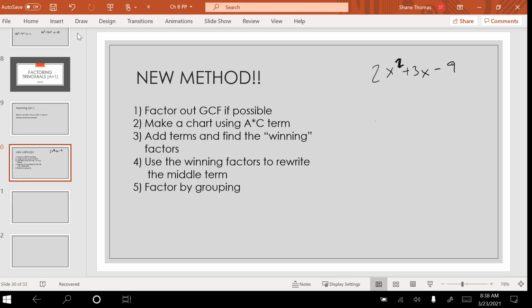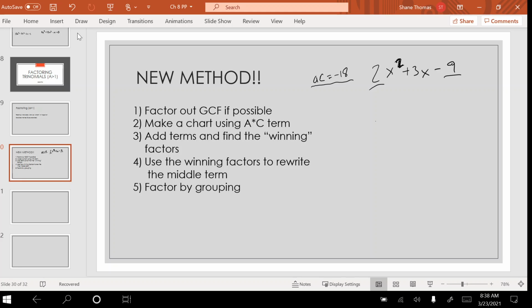All right. So I like to then underline A and C, just so I know which ones I'm working with. Okay. A is 2, C is -9, right? Then I'm going to come over here to the side, and I'm going to make a little chart of what AC is. So what is A times C? -18.